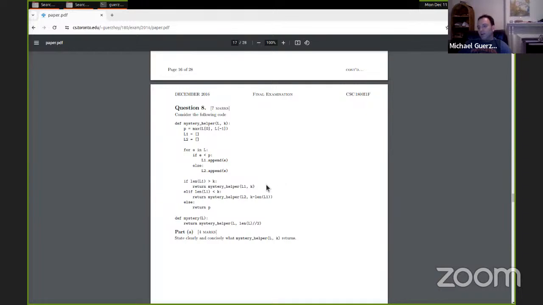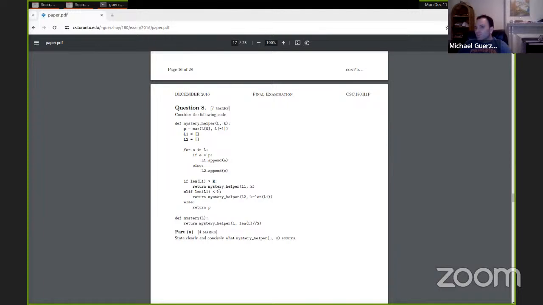And the only way that things come to a head is if the length of L1 is... so what we want is for K to be very small so that the length of L1 is always greater than K.